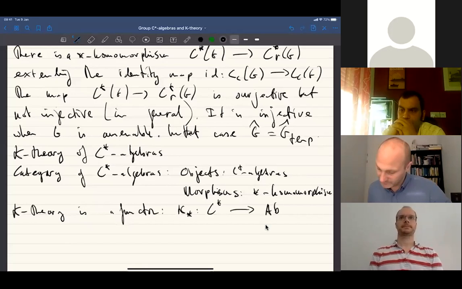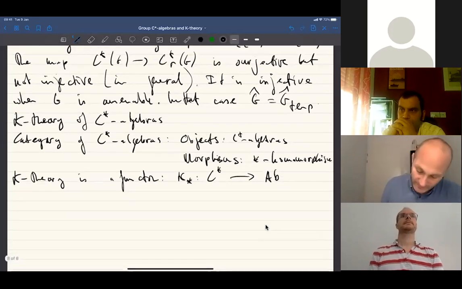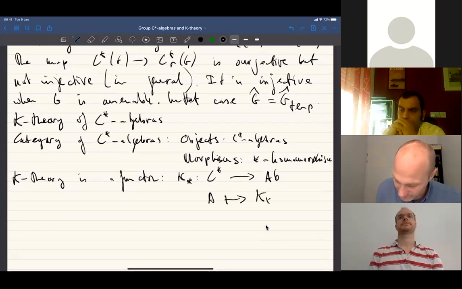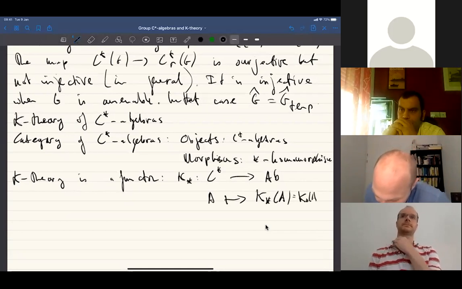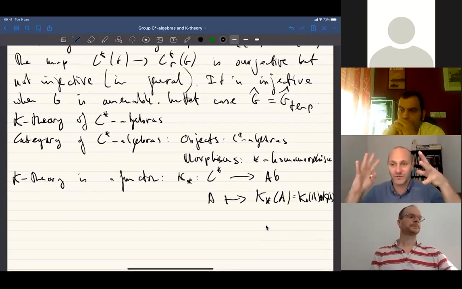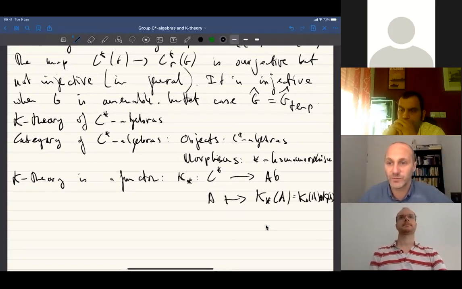And it takes a C-star algebra A and associates to it this graded abelian group K star A, which has two components, K0 of A and K1 of A. So there are in fact two groups, but it is often convenient to just think of them as one graded abelian group.